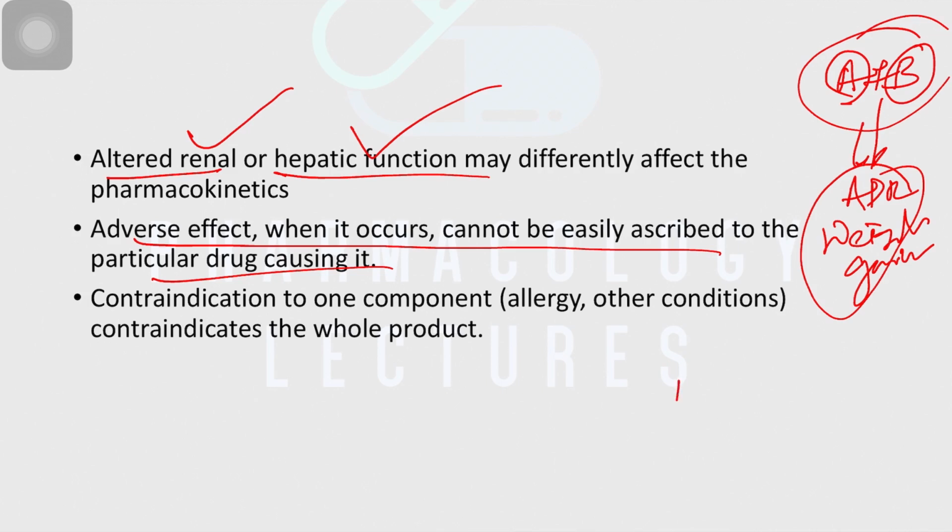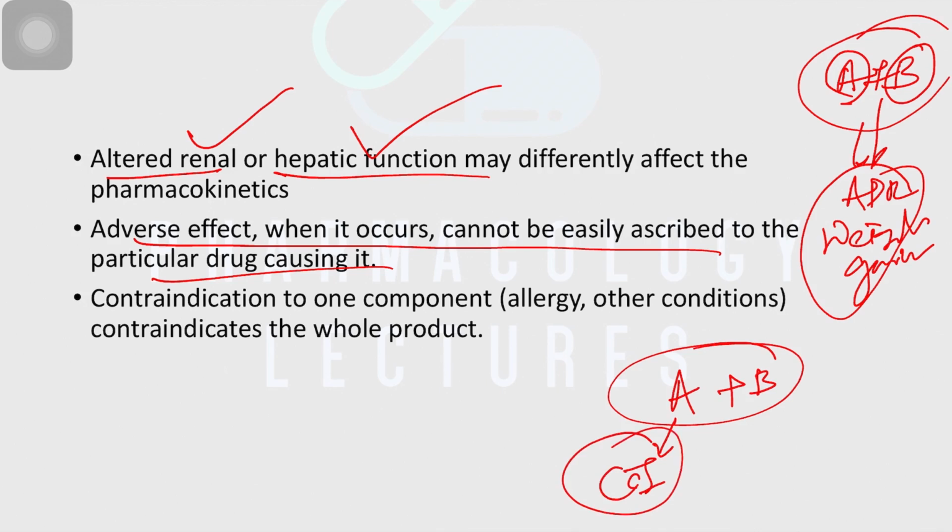And in the last case, for example, in a fixed dose combination of drug A and B, if one component, drug A, has some contraindications, depending upon the contraindications we are using a drug from patient to patient. So if drug A is contraindicated in a patient, then the whole fixed dose combination becomes contraindicated in that patient, right?